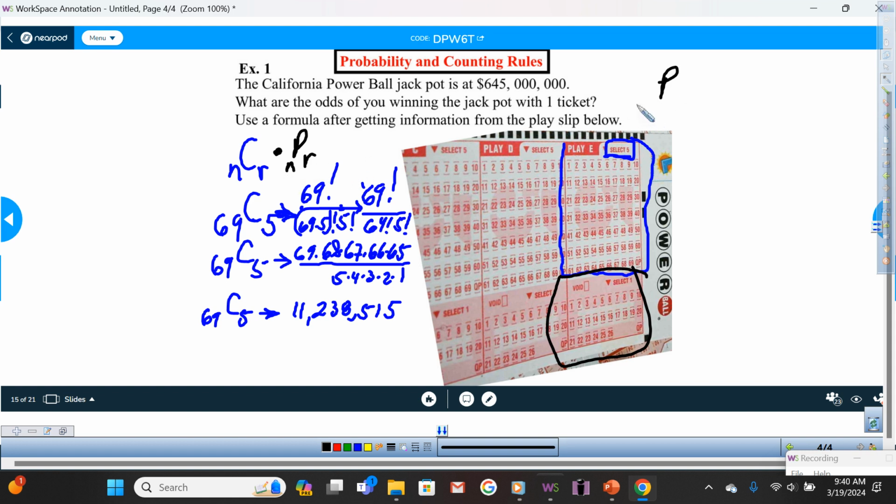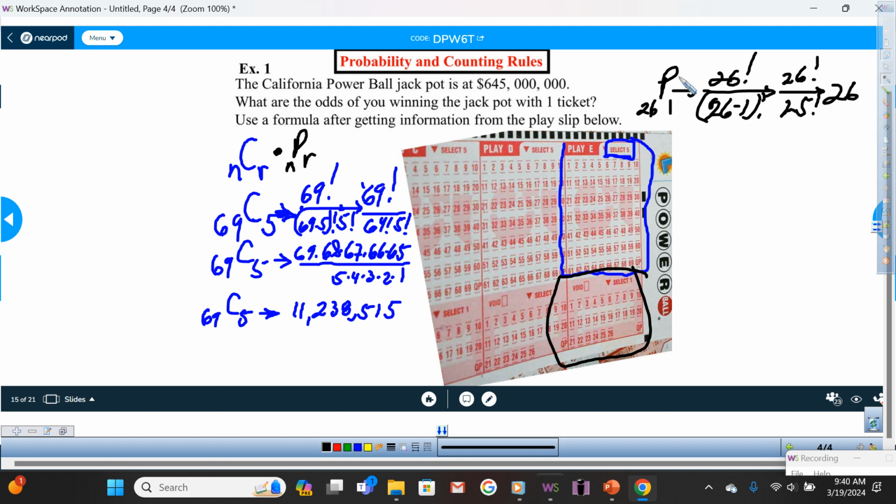Tell your neighbor what N is and what R is. 26 and 1, yes. 26 factorial over 26 minus 1 factorial is 26 factorial over 25 factorial, which is what? 26, yes.